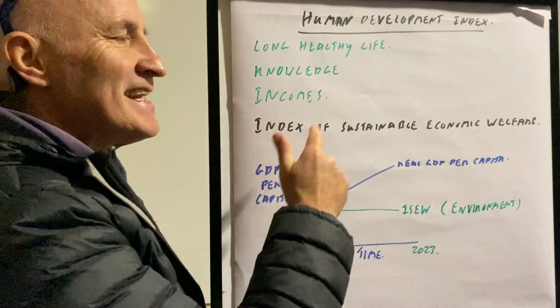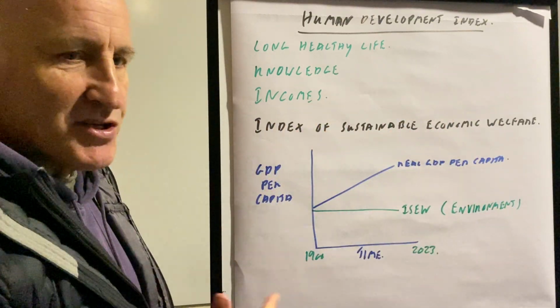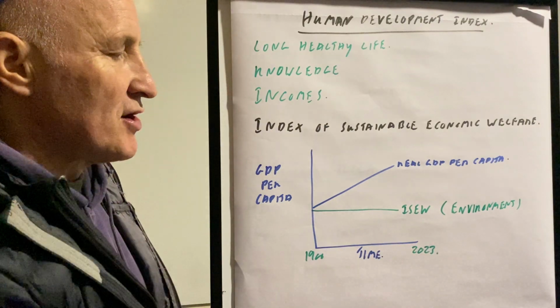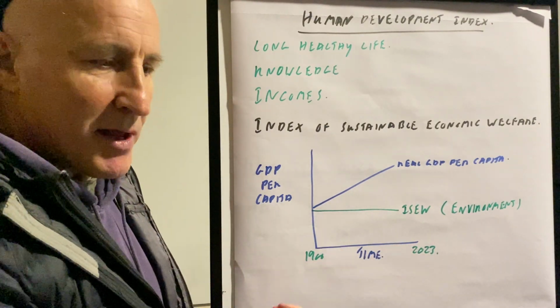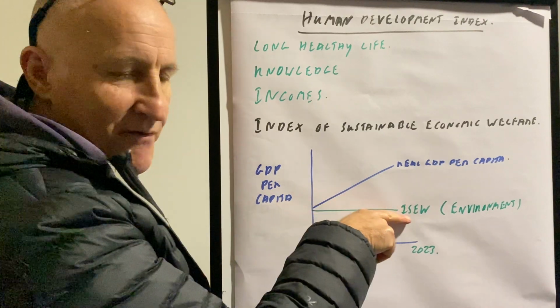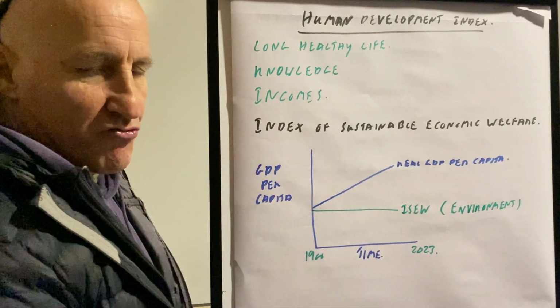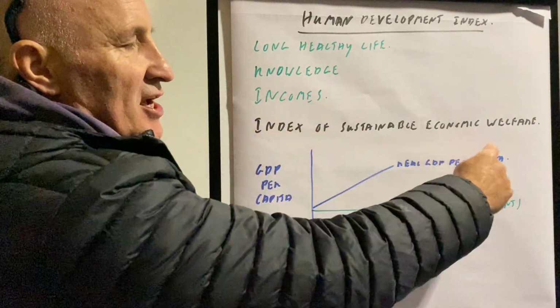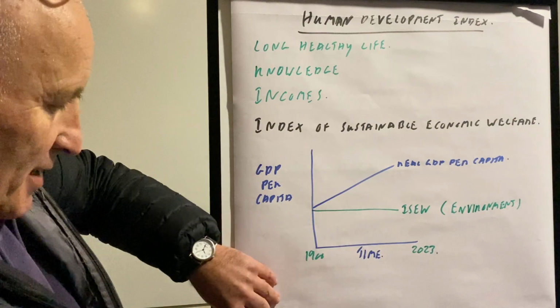We can also use the Index of Sustainable Economic Welfare, which basically says, okay, we've had real rises in real GDP per capita within the USA, but actually if you look at the Index of Sustainable Economic Welfare, because of the damage to the environment, actually the Americans have become poorer, or maybe because there's a rise in inequality, there's a rise in crime. So this measure is a much broader measure than the Human Development Index.